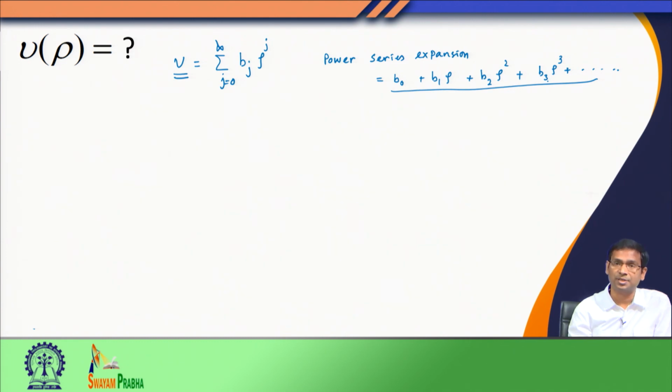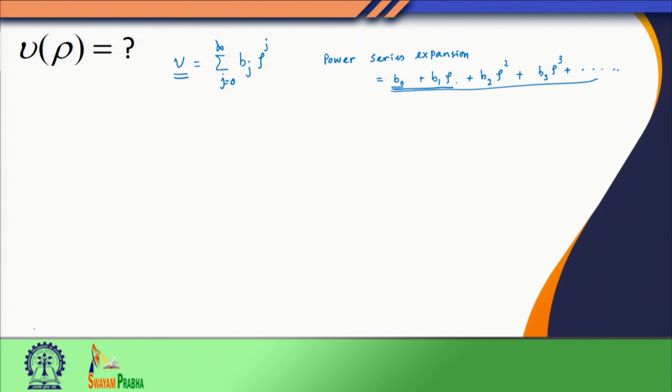For example, when I truncate my series at the first level, I simply have a constant. When I truncate my series here, I have simply y equals mx plus c. If I go to the second order term, I can define a more complicated function. So, in this way I have the provision of defining any complicated function.